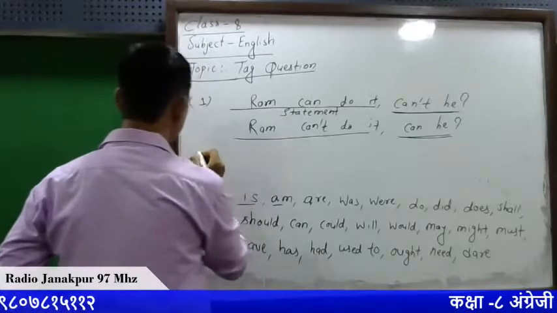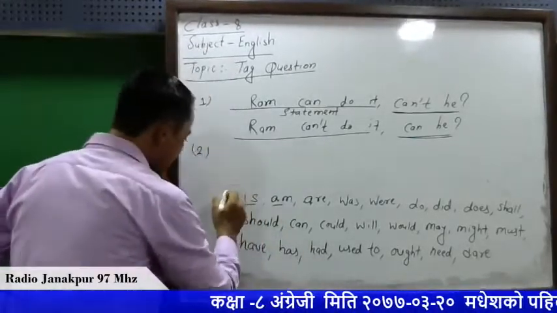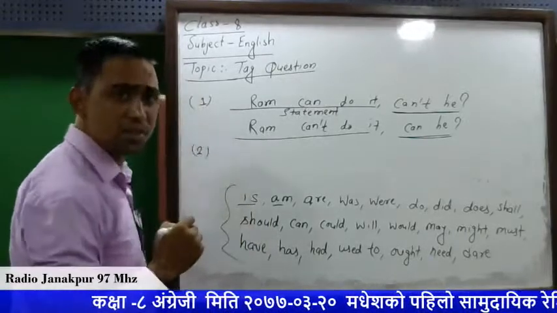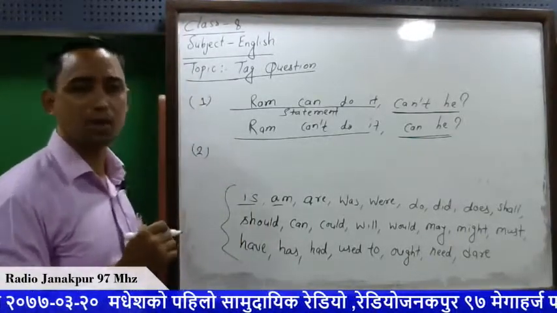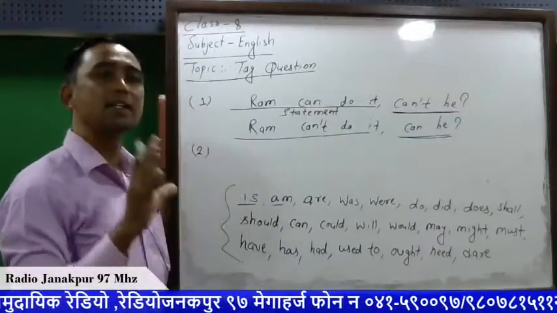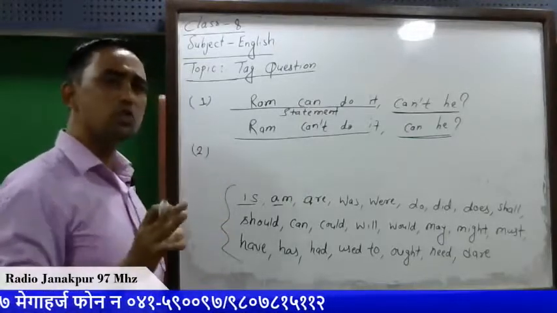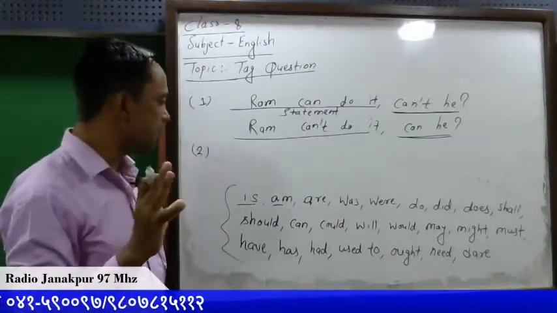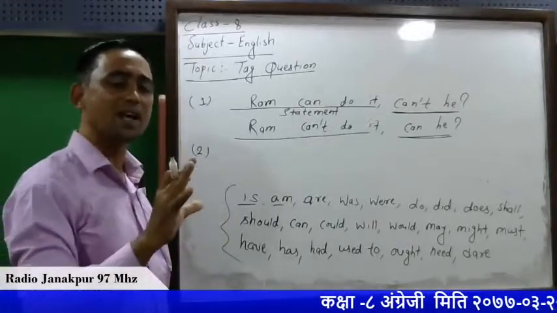Number 2, if there are these auxiliary verbs, which are also called helping verbs in English grammar, available in the statements or imperatives, then we should repeat the same auxiliary verb in the tag question.